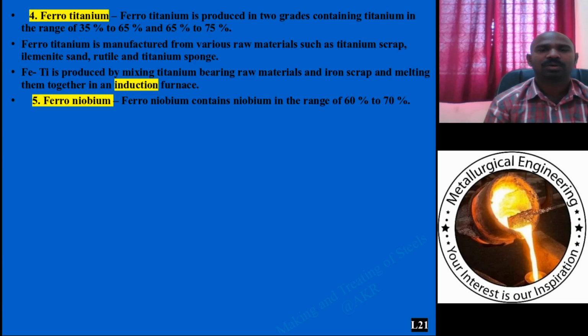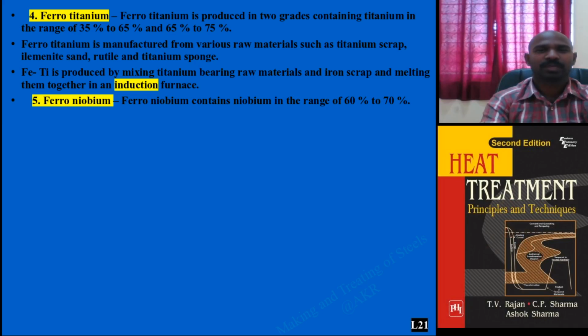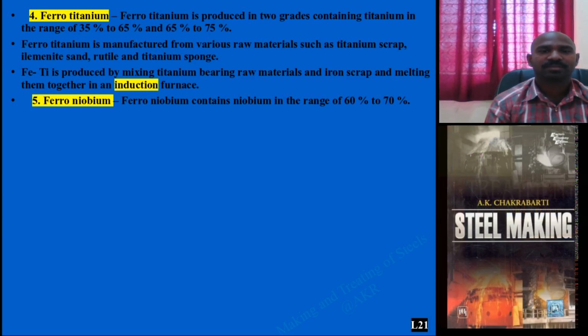Now the next alloy, ferroniobium. Niobium addition mainly varies from 60 to 70%. Along with tungsten and zirconium, there is a point that niobium and tantalum cannot be separated easily.